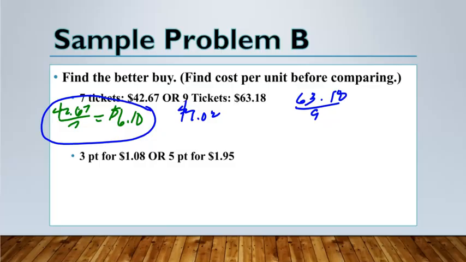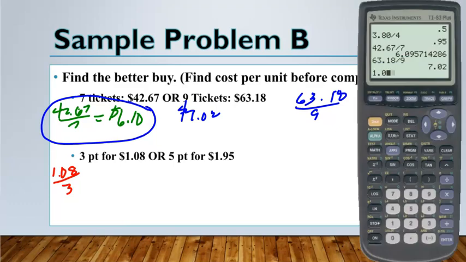$7.02. Next, we got 3 pints for $1.08 or 5 pints for $1.95. So $1.08 divided by 3. So we'll grab our calculator again. So $1.08 divided by 3. So each pint would be 36 cents.